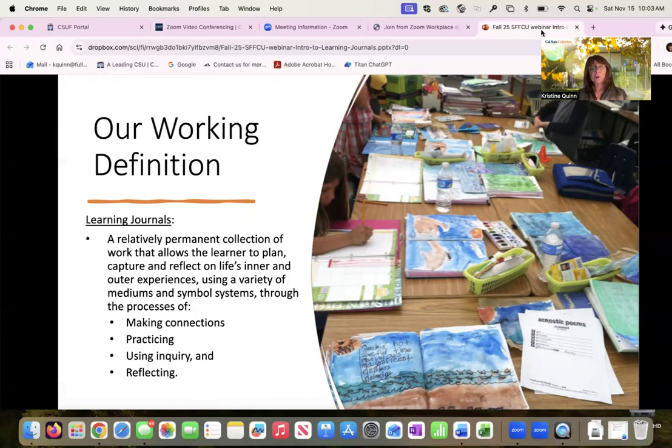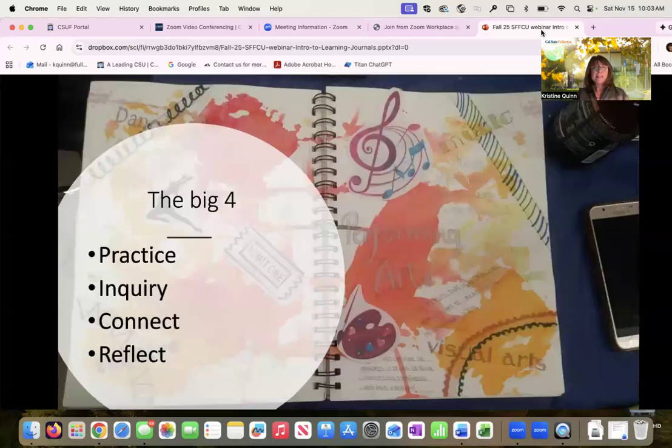We're using words, we're using images, we're using collage through the art processes in order for students to make connections, to practice their learning and metacognition, to use their inquiry skills, and to reflect on their learning. All of those deepen the learning process.